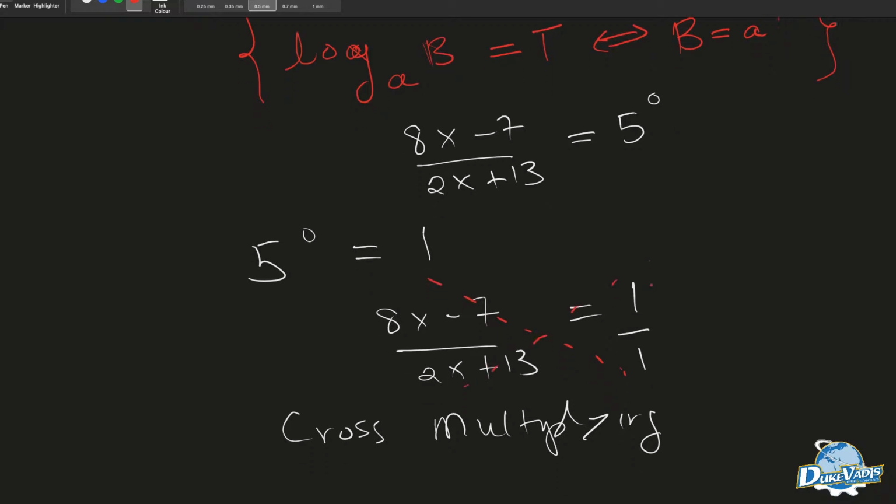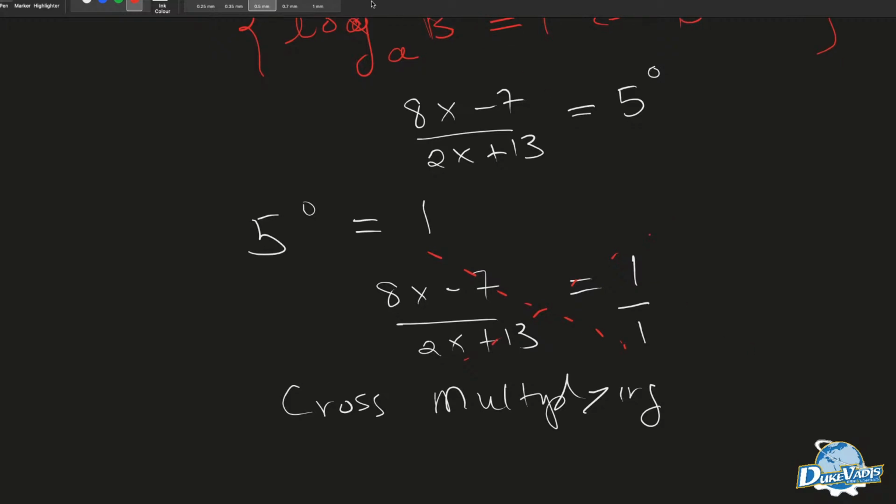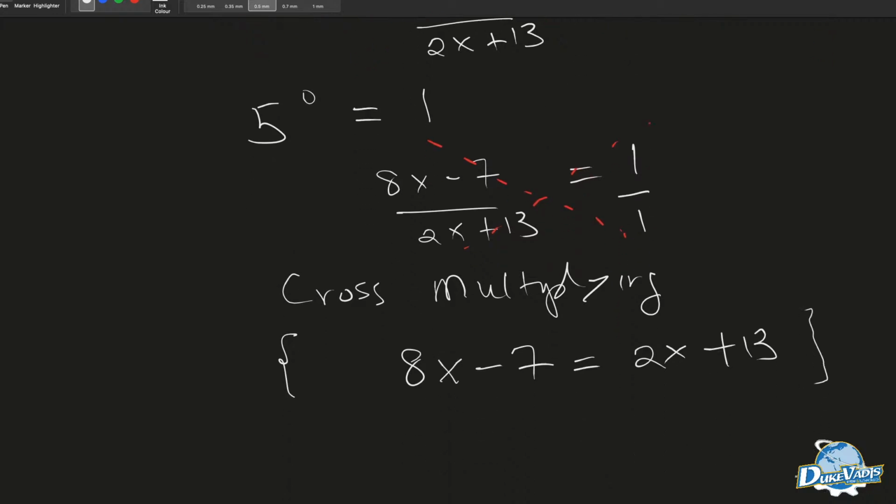Have you seen that? Beautifully, when we cross multiply, we get 8x minus 7 is equal to 2x plus 13. So this becomes a very simple equation to solve.